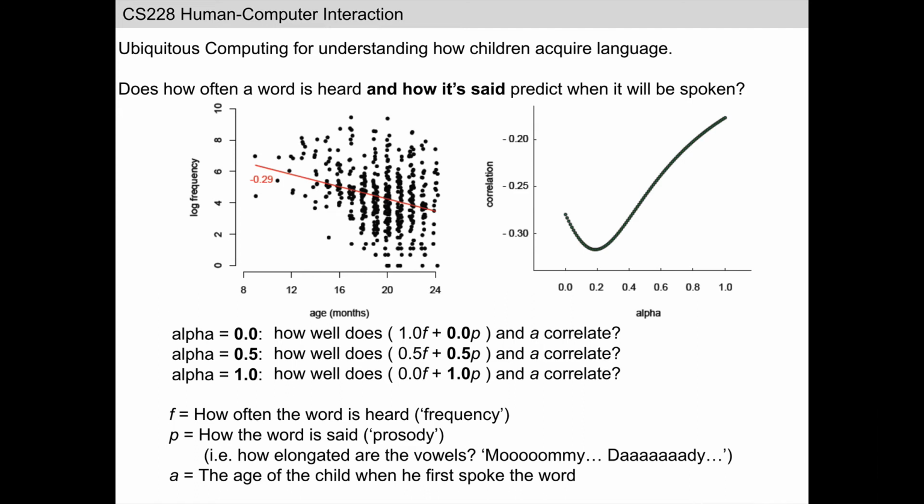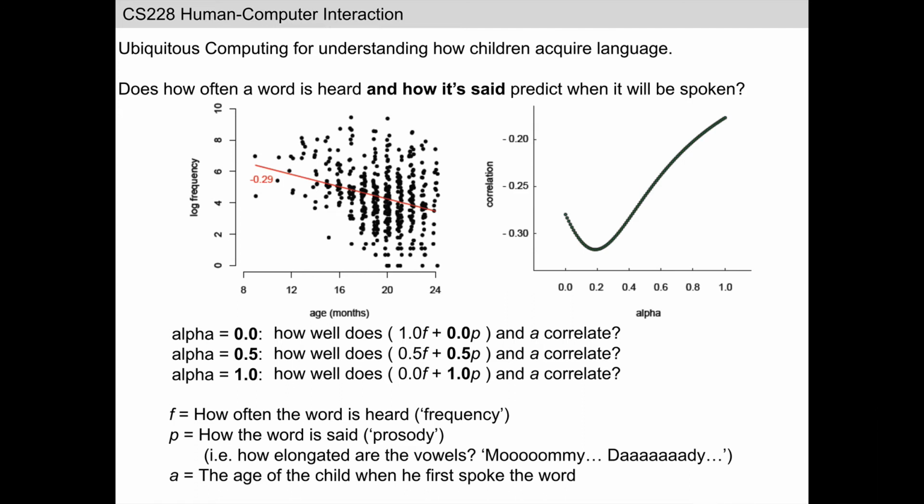If alpha is 0, we're going to only plot F against A. If we slide alpha all the way to 1, we're going to mix all of P and none of F together and ask, does just P and A correlate? So in essence, we're creating a new variable, which is alpha times P plus (1 minus alpha) times F. The more alpha, the more we're mixing in P with F.